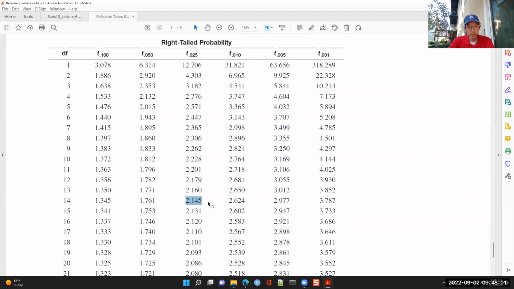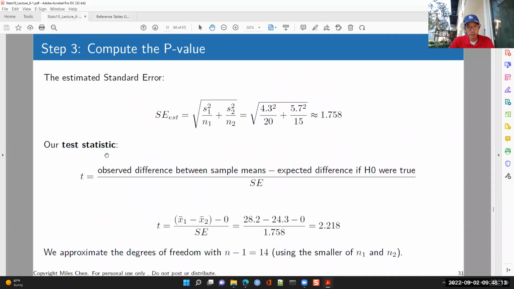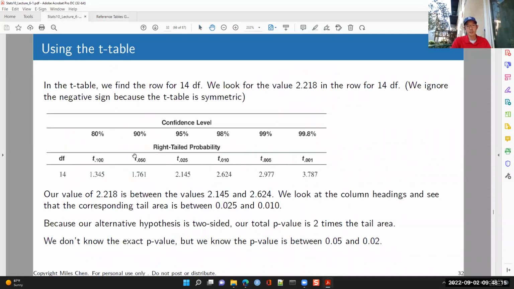Looking at 14 degrees of freedom, 2.218 is in between these two numbers, between 0.025 and 0.010. So we're between 2.145 and 2.624. Our tail area is between 2.5% and 1%.